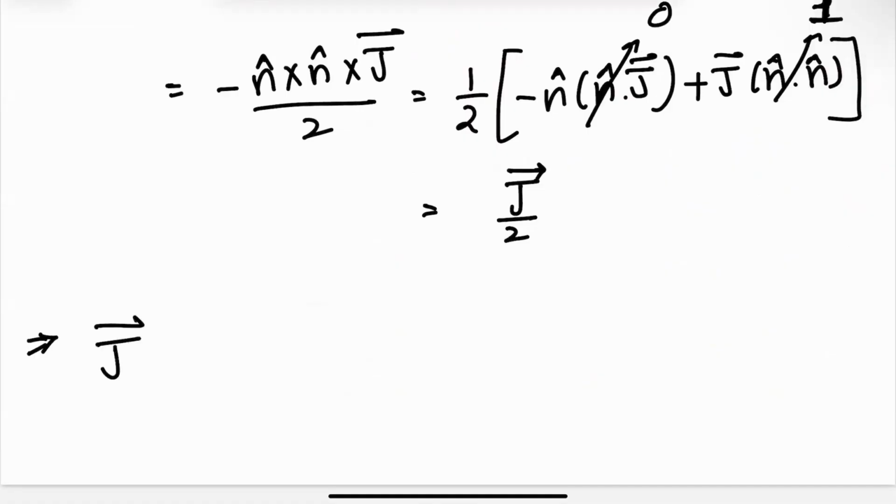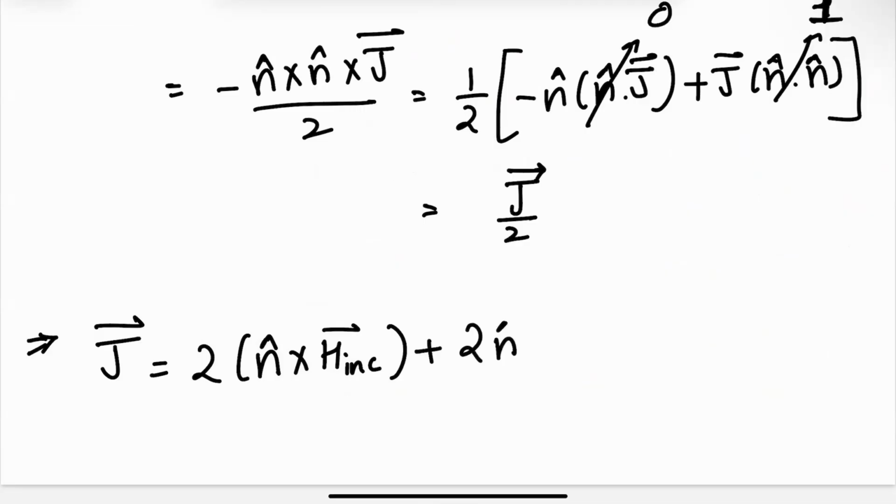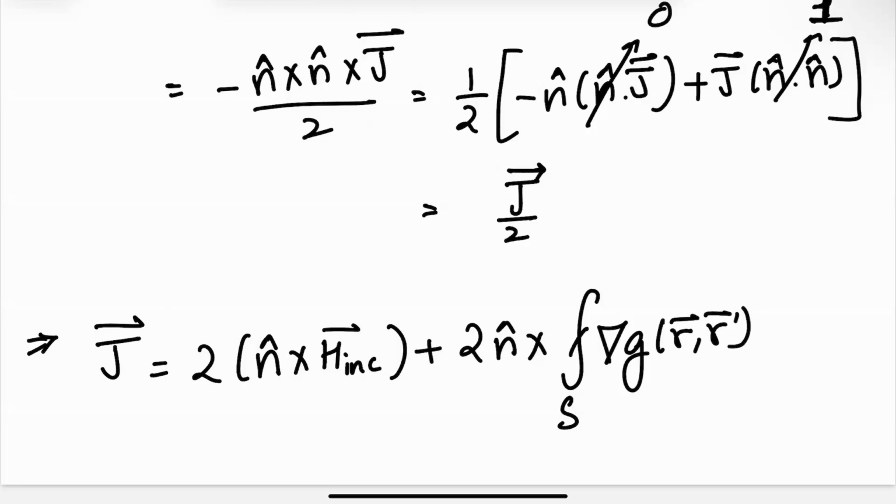Plus j equal to 2 times n hat cross h incident plus 2 times n hat cross gradient of g, little g, r comma r prime cross j, r prime dr prime. Let me actually rewrite that.